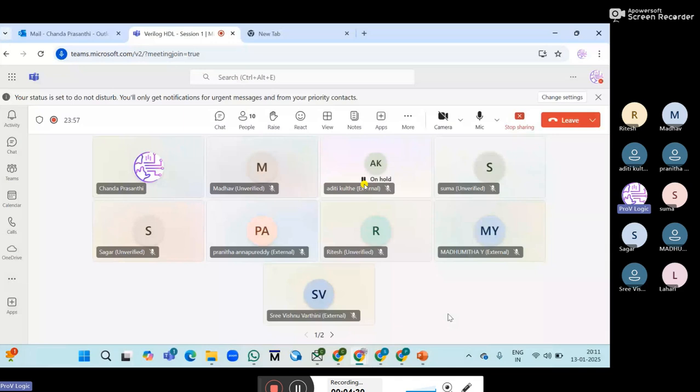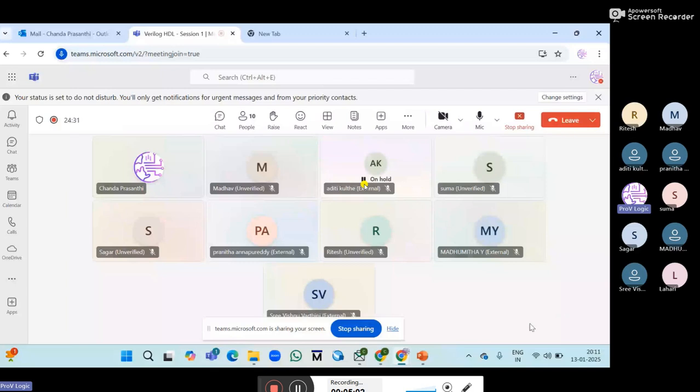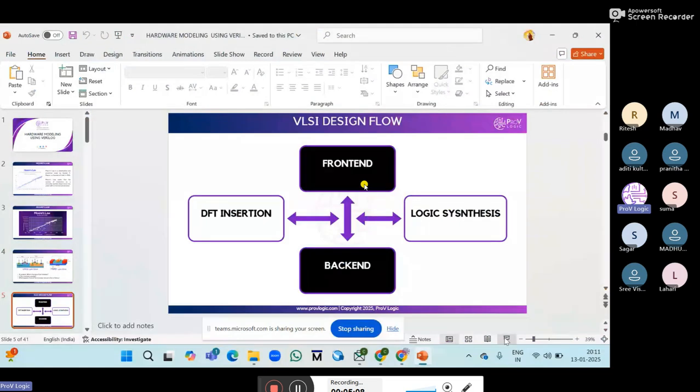What about Sumo, already installed? Sagar, Ritesh, Madhumita, and Sri Vishnu. Yeah, ma'am, I have Vivado. Okay. I also have Xilinx, ma'am. Okay, so fine. No problem. Any tool is fine. In Vivado and Xilinx, we can do both synthesis and simulation. Okay, I think only Pranita is going to face the error issue. Okay, no problem. We will discuss.